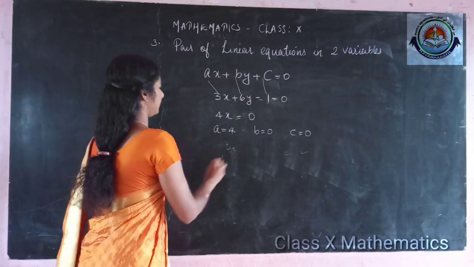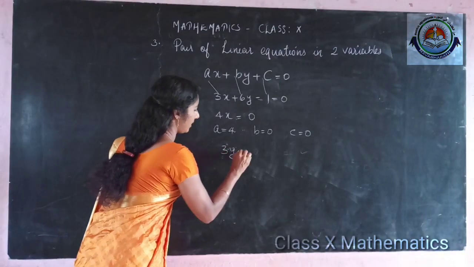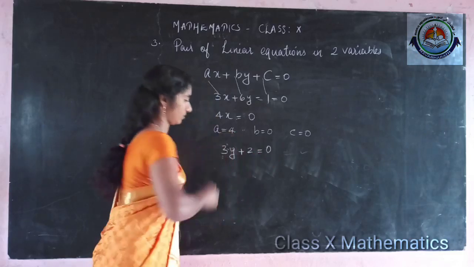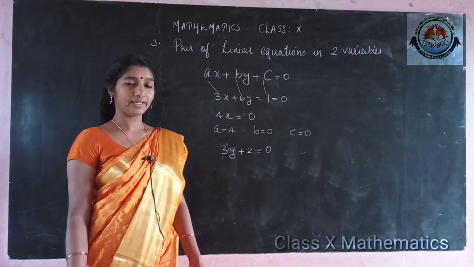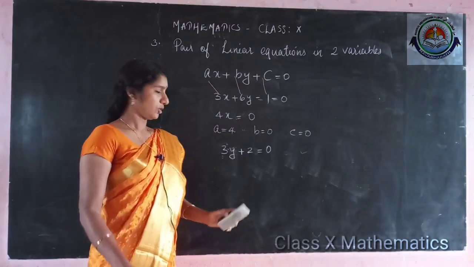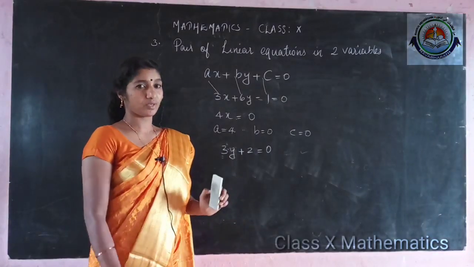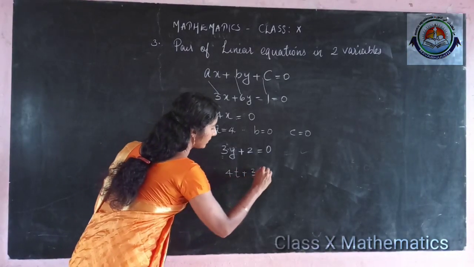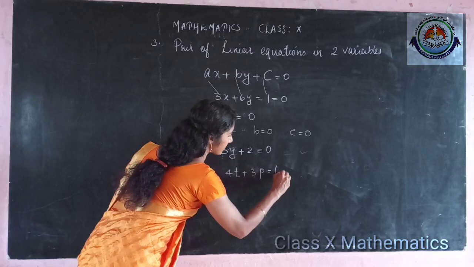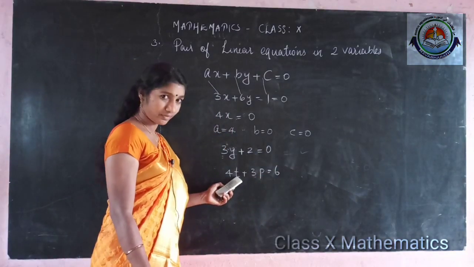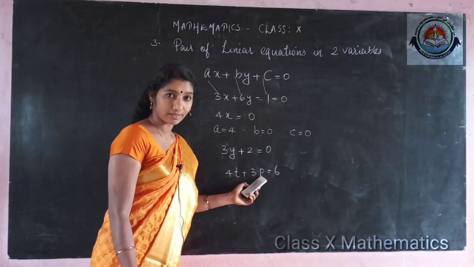The next example. 3y plus 2 equal to 0. Another linear equation, but not in two variables. No x is there, and other variables, not only x and y, we can also use. Another example, 4t plus 3p equal to 6. It's a linear equation in two variables, t is one variable and p is another variable.